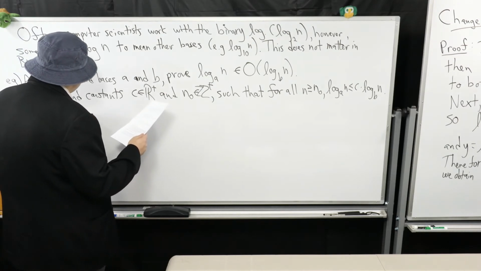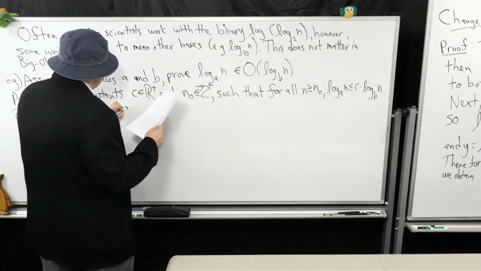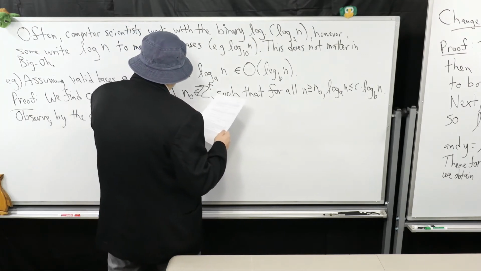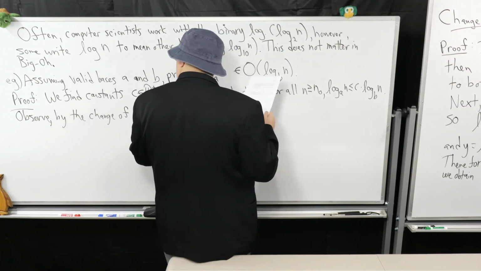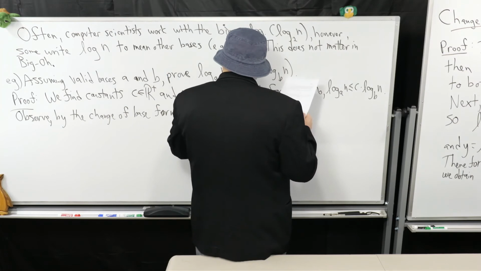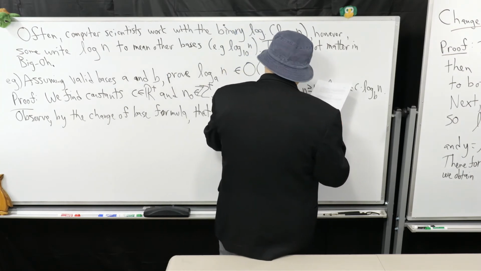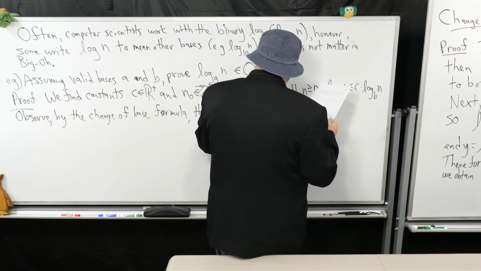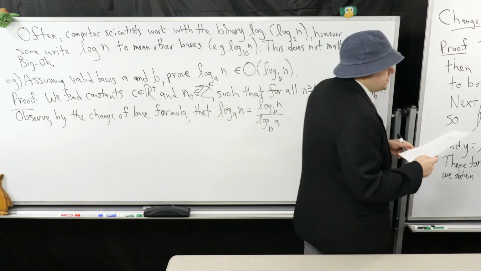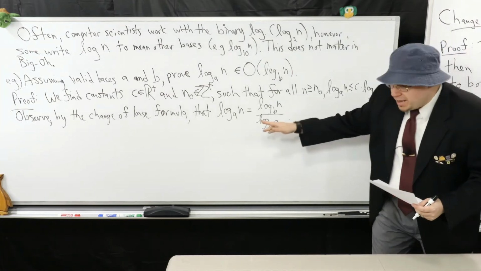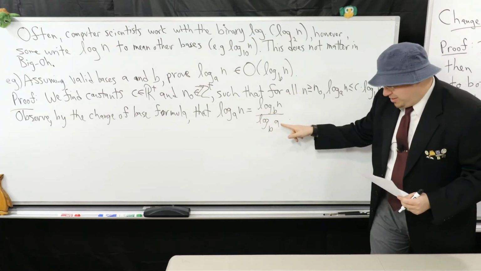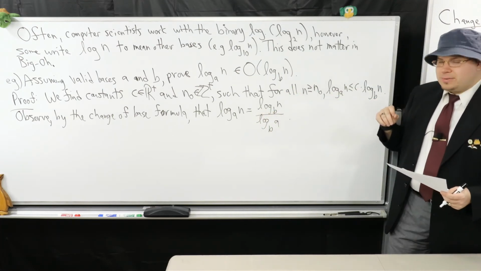Observe by the change of base formula that log base A of n is equal to log base B of n over log base B of A. So if I jump from one base to another base, I end up getting this multiplicative term of 1 over log base B of A. Does everybody see that?